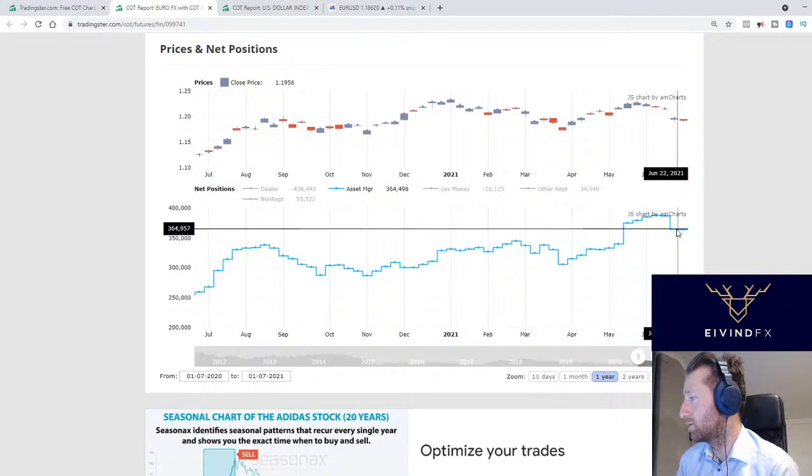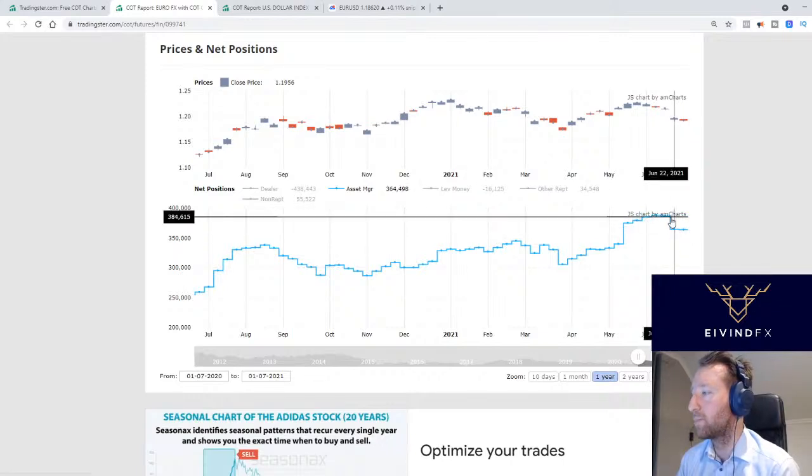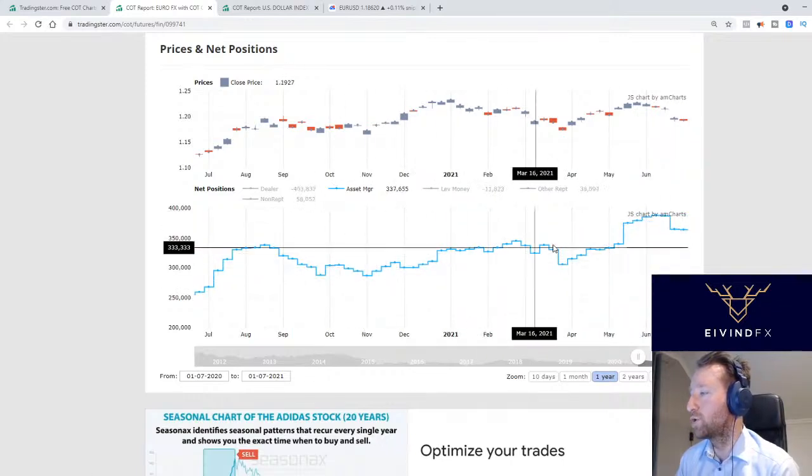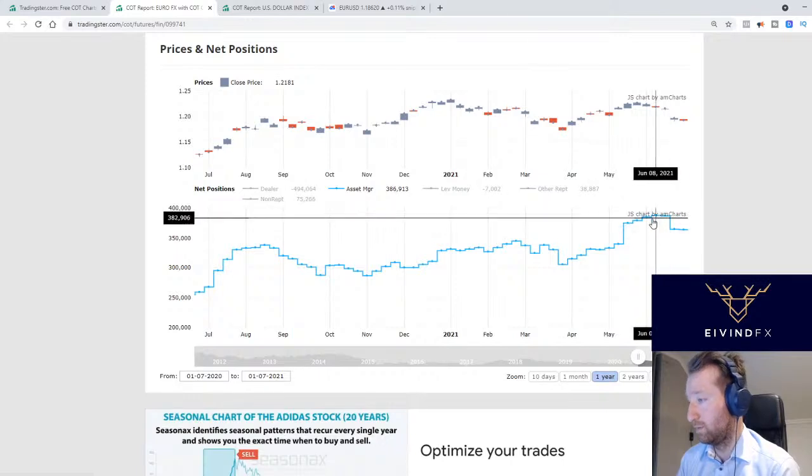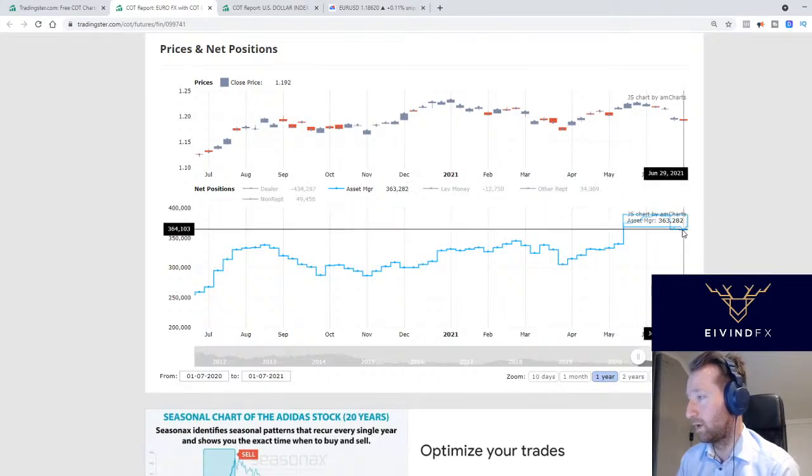We have been in a bullish trend up until June, and then we're kind of falling back down again. Are we now turning bearish?